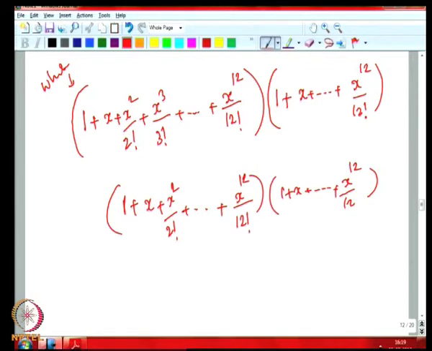So this x raised to 12 should be formed by selecting some k1: x raised to k1 by k1 factorial will be selected from the first term, which means that we are going to select k1 white flags.